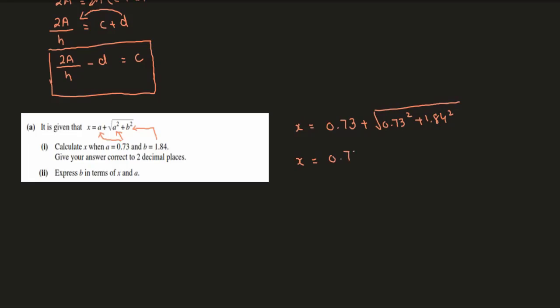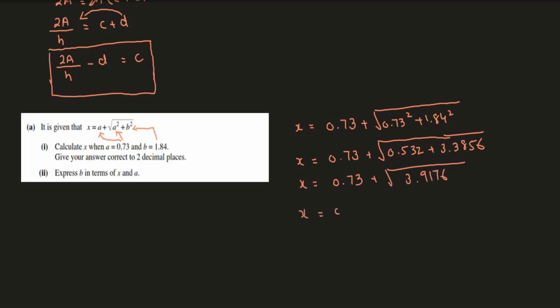Now if I simplify my equation, 0.73 square is 0.5329, plus 1.84 square is 3.3856. Now if I add them up, it would be 3.9176.